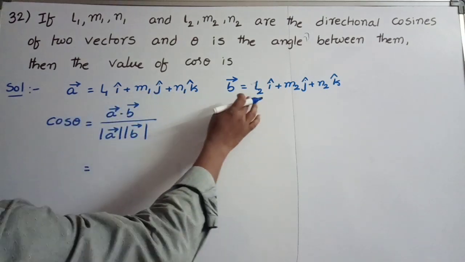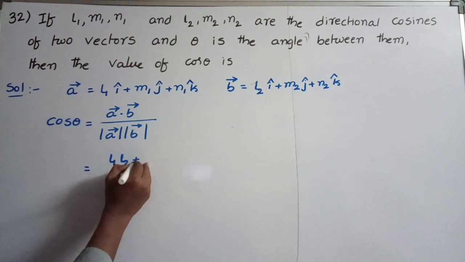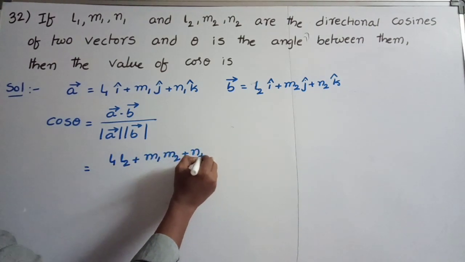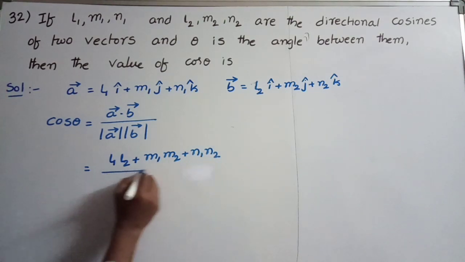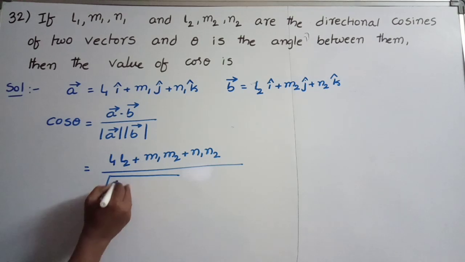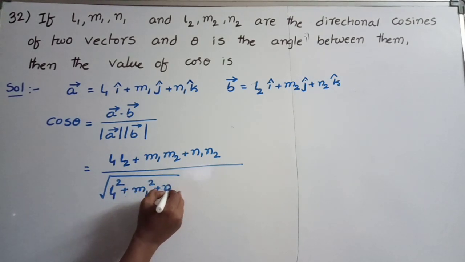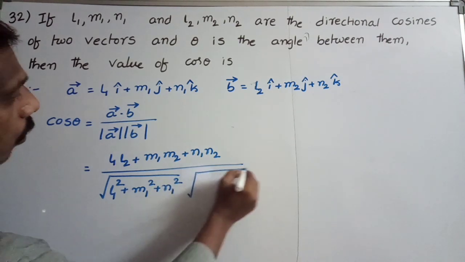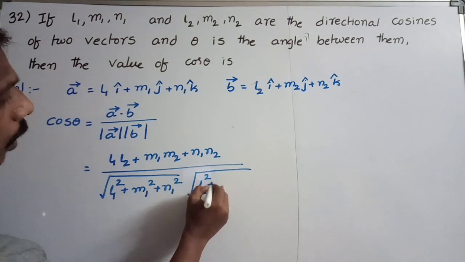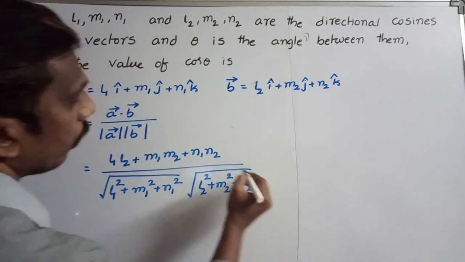Multiply component-wise, so then we get L1 into L2 plus M1 into M2 plus N1 into N2, by under root of L1 square plus M1 square plus N1 square, into magnitude of B bar, that is under root of L2 square plus M2 square plus N2 square.